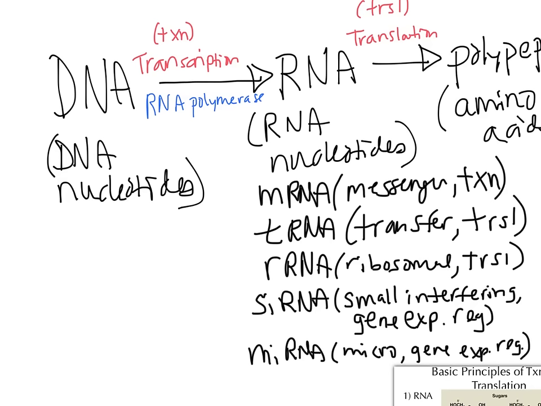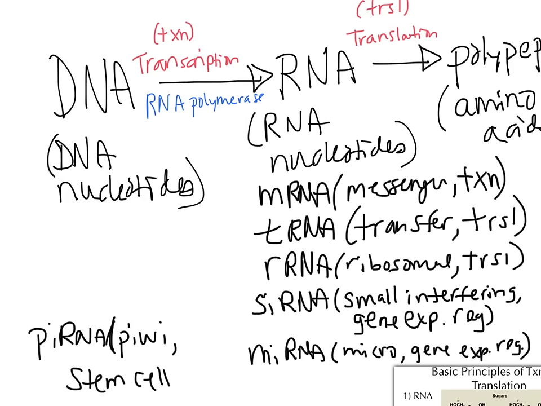And then finally, the one we're going to discuss, piRNA, which actually stands for Peewee RNA, and this one is important in stem cells. It's also a regulatory, very small pieces of RNA that are transcribed by RNA polymerase as well, but don't get translated to make polypeptides.